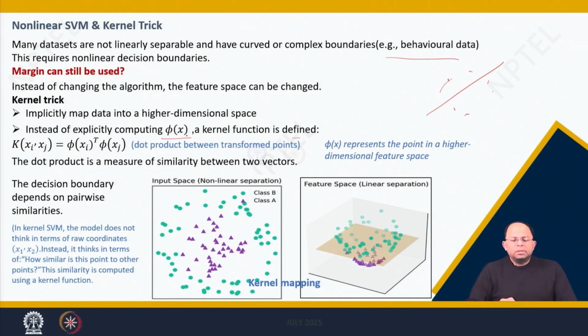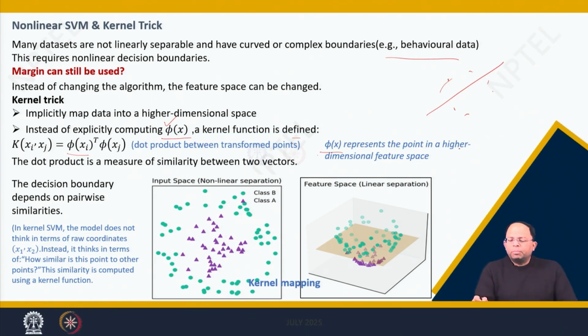So instead of explicitly computing where exactly this point is located and then finding the distance between the points, we take the dot product of kernel xi xj for these two points. We take the dot product between the transformed points, that is, phi xi transpose into phi xj.